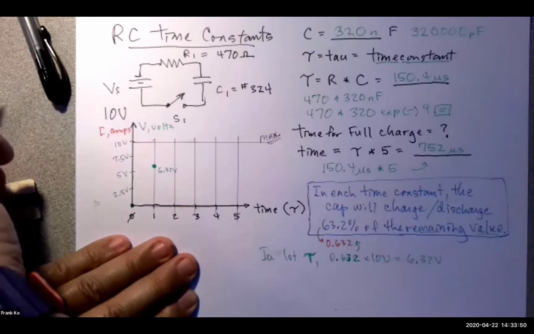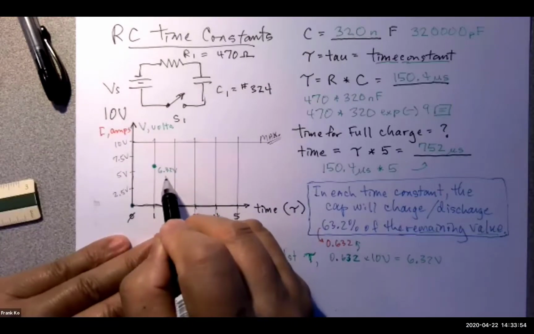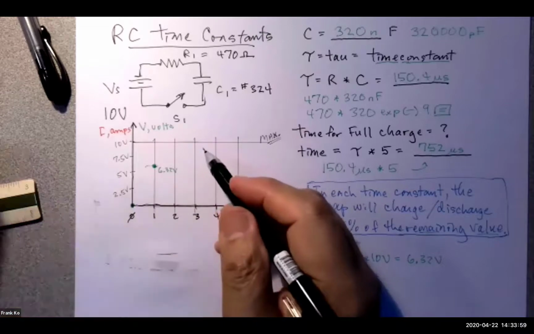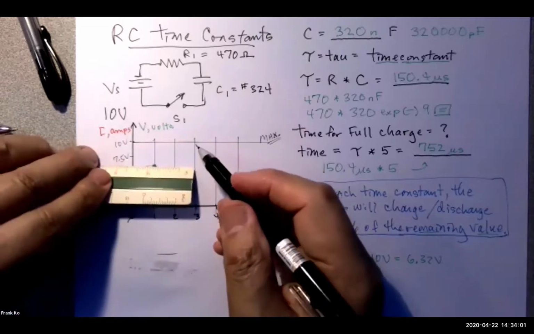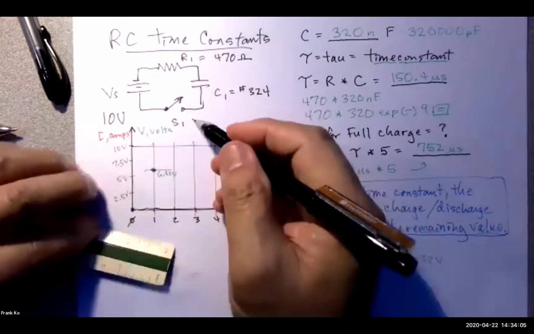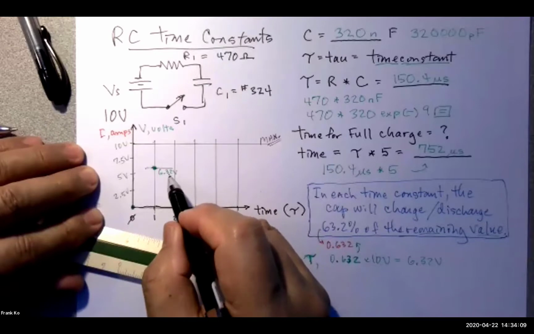Okay, so here's the thing. Here's what's fascinating about all of this. If this is where we're at, how much is left? How much is remaining is not the full 10. How much is remaining is going to be 10 minus 6.32.